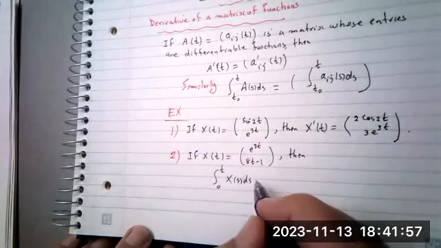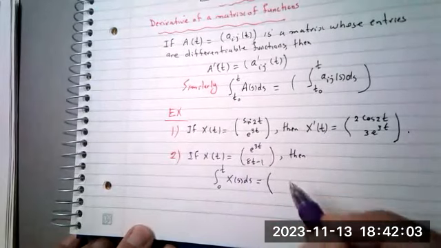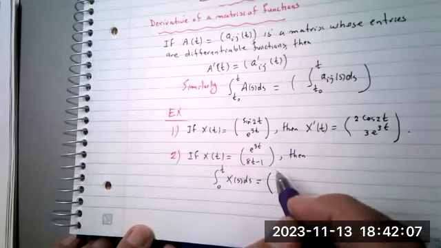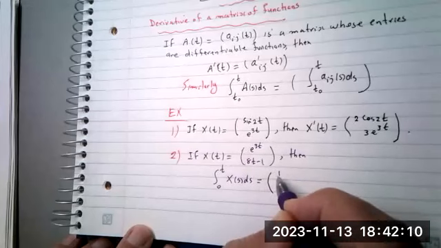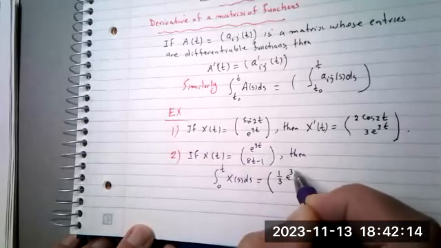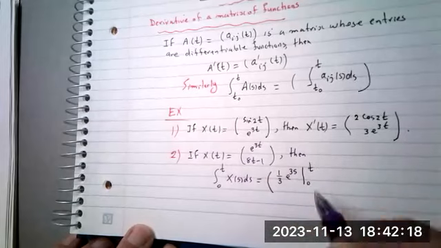So you integrate each one of these entries. You know that the integral of e to the 3t would be e to the 3t, but you have to divide it by u prime. So that gives you 1/3 e to the 3s, with s going from 0 to t.